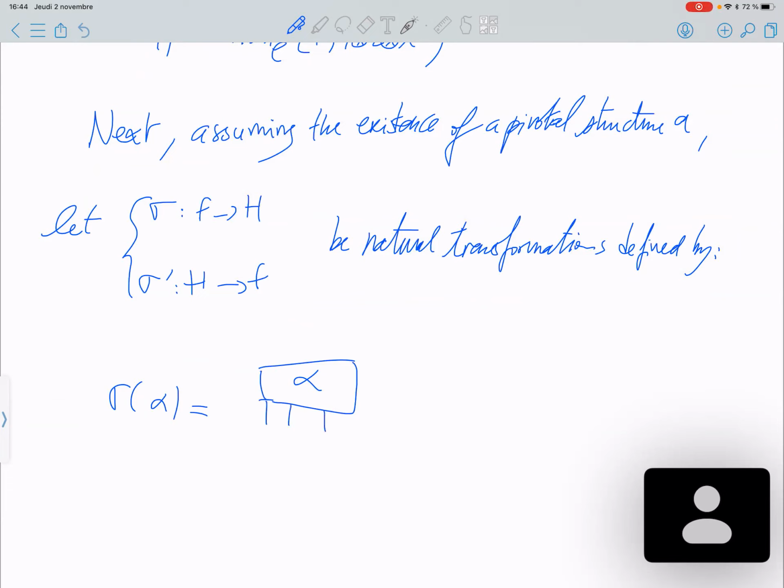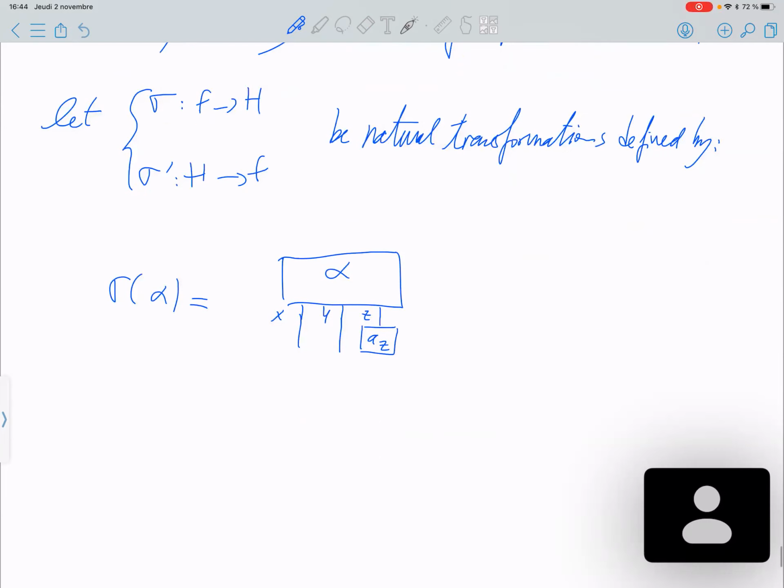You just put a pivotal structure, X, Y, Z. And the other way, you just put an inverse of the pivotal structure, X, Y, Z, double star, and inverse. Here you have Z double star.